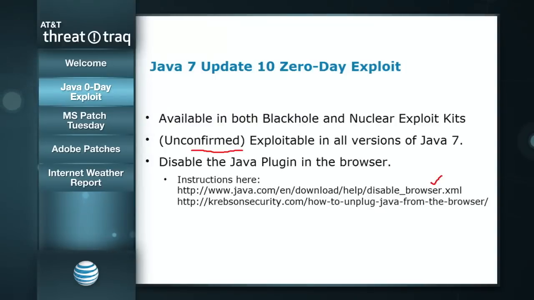In Java 7 Update 10, they've actually made it a lot easier to disconnect Java from your browser as a feature. I don't know if anybody else had any other information on that. I know this is a new one, so I haven't really seen the exploits myself yet, other than reading about it. Jim or Nancy, have you seen anything?